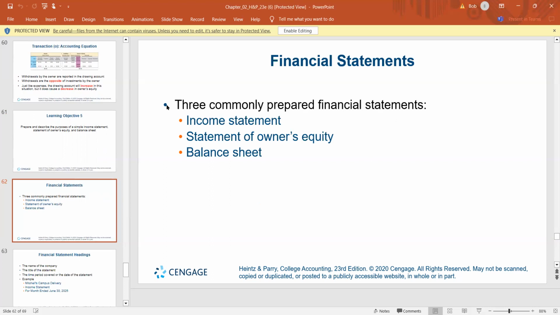You have no choice. You must do the income statement first, because we're going to take the resulting income and use it to increase the equity on the statement of equity. And then when we've got the new equity number, only then can we prepare the balance sheet, okay?